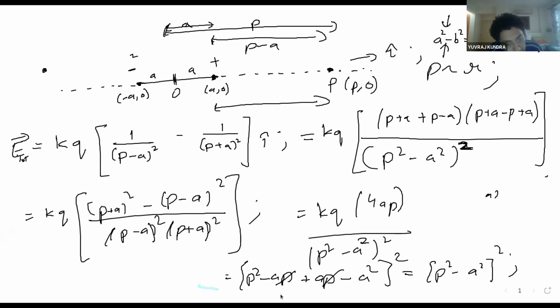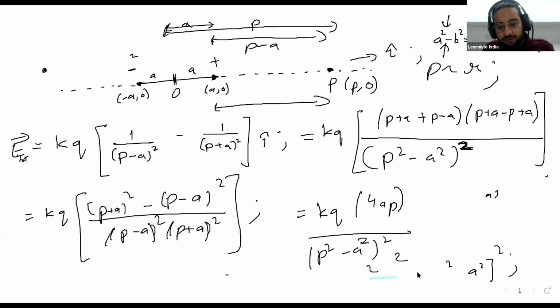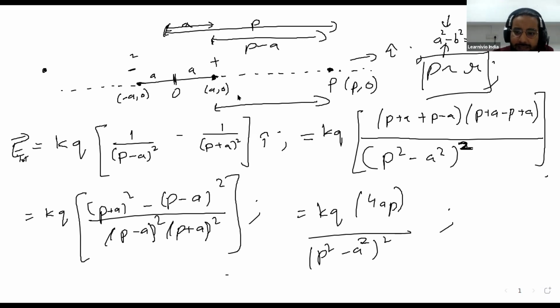Okay. So now this kind of a solution is super interesting. First of all, realize that my p is just r, the distance from the center.